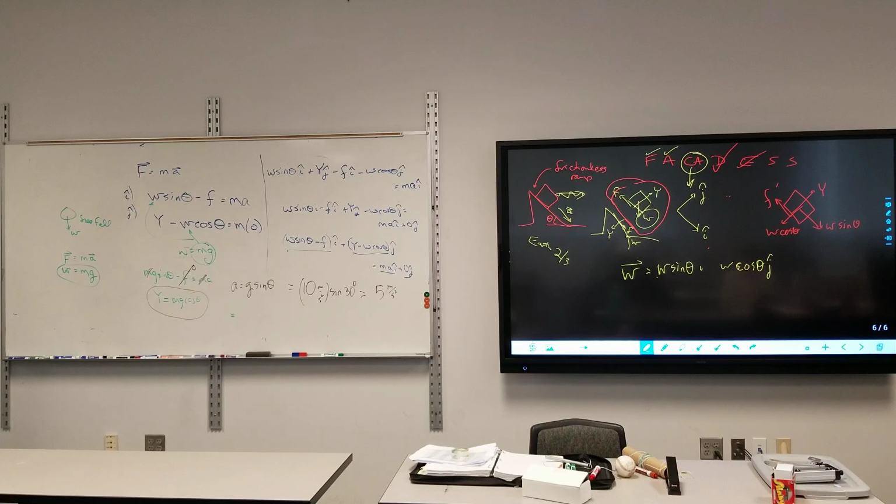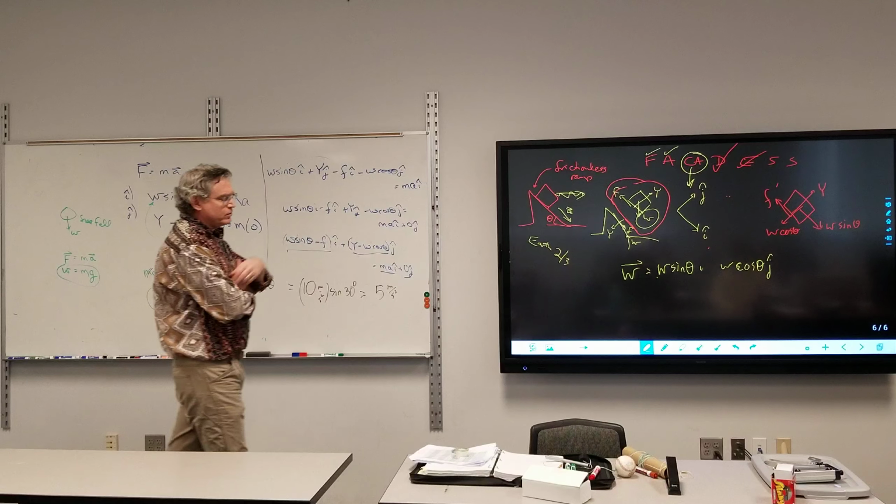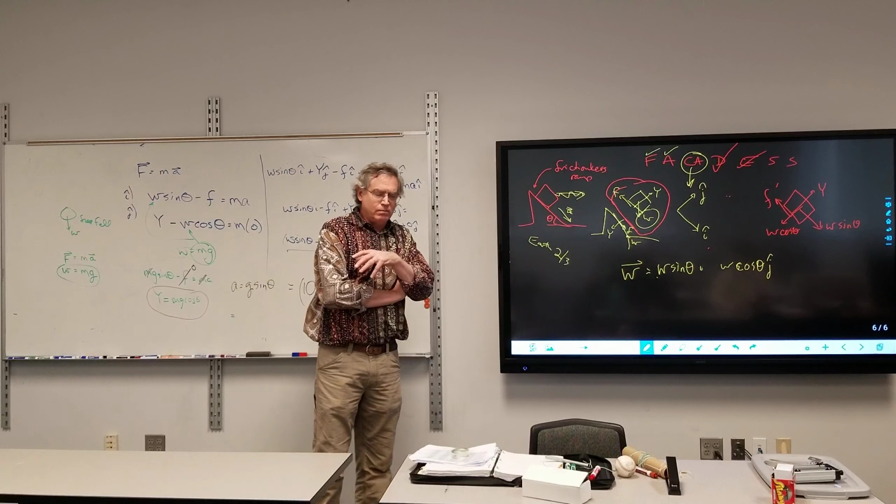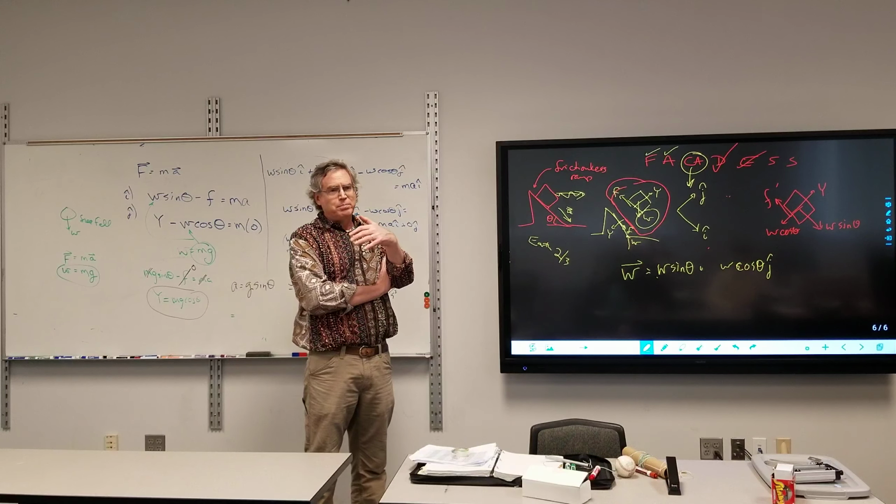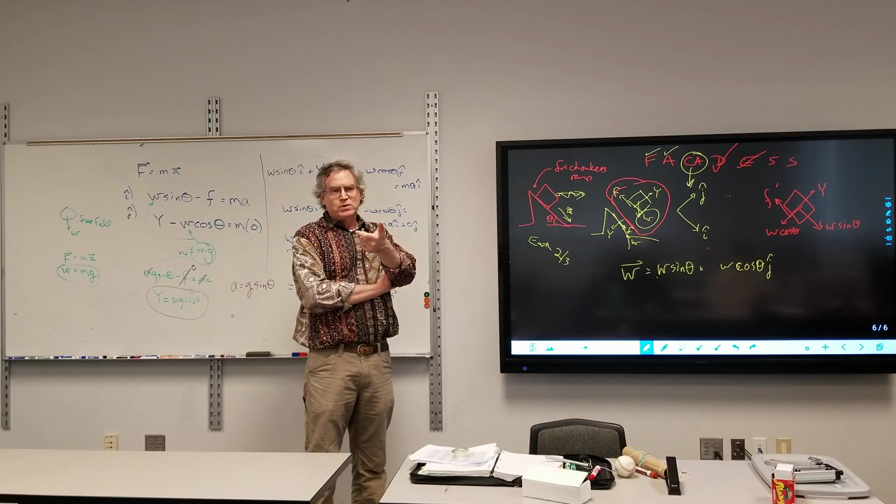Just a slight warning that makes it sound more ominous. Getting the sines and cosines backwards on the box on the ramp when you're breaking the weight up could cause issues. If I have a several step problem and part C depends upon part B, there have been situations where you get sine and cosine backwards, which suddenly changes whether the object accelerates or not, or has zero or non-zero acceleration.